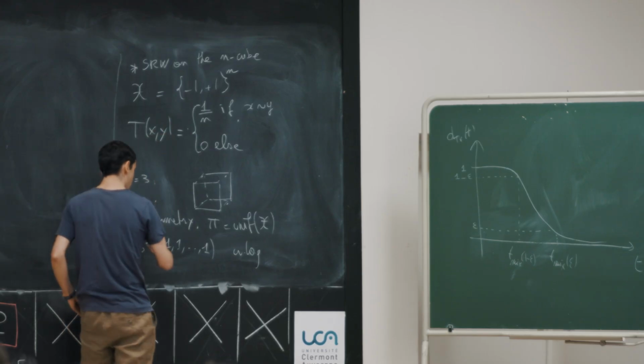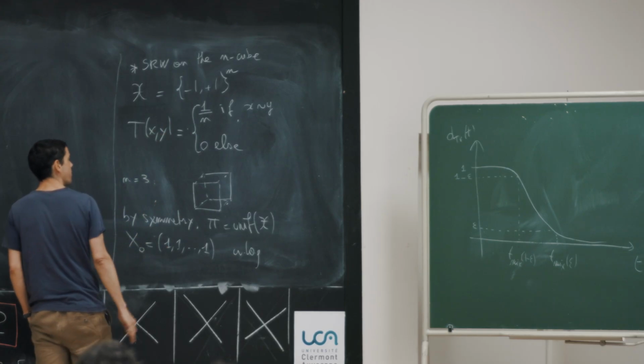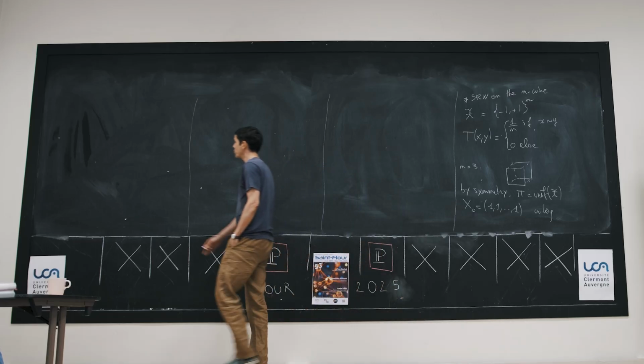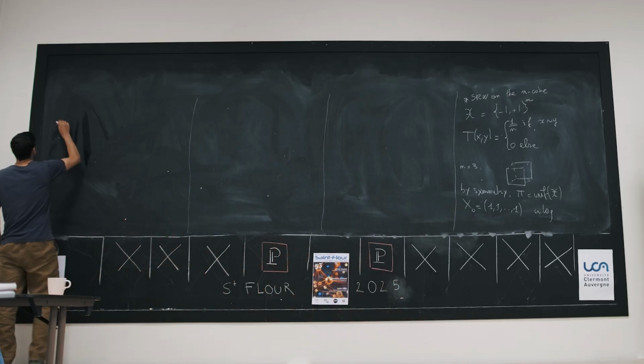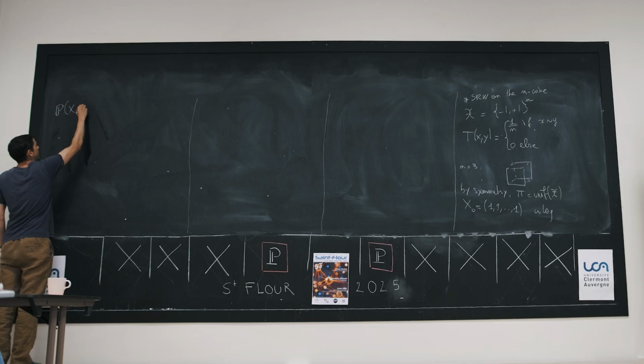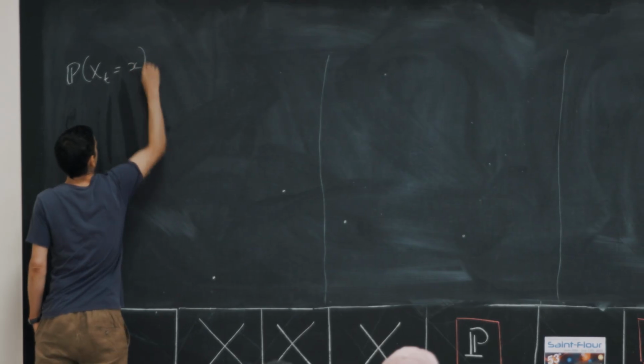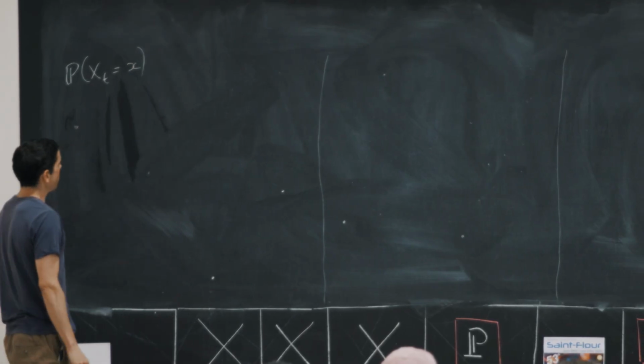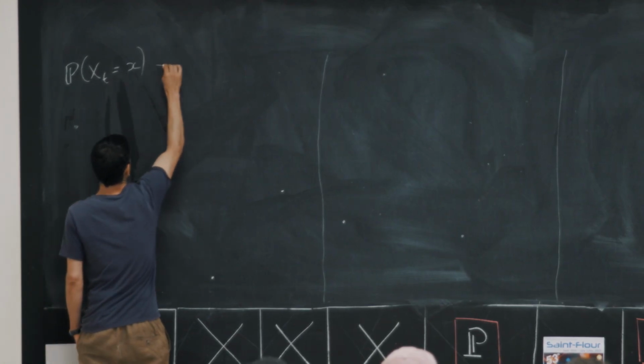So the nice thing is that the coordinates evolve independently of each other. So you have this nice product form. So if you want to compute the probability that at time t you see a particular state, it's just a product.